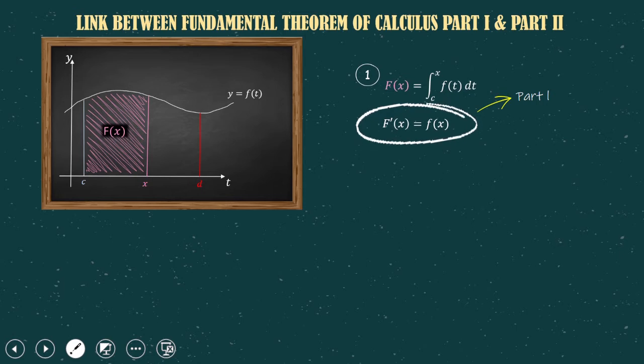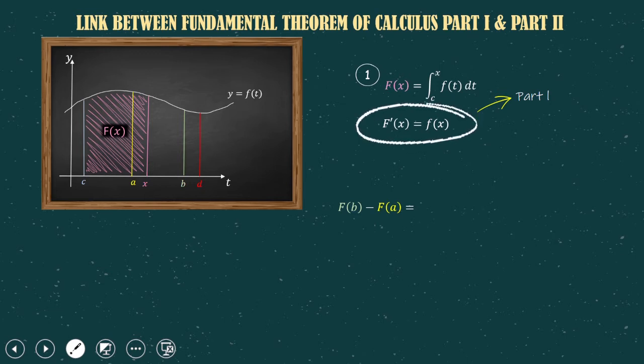And now for the second part of the fundamental theorem, it states that F(b) minus F(a). To connect these two theorems, let us assume that F(b) is bigger than F(a). So b is somewhere here and a is somewhere here.